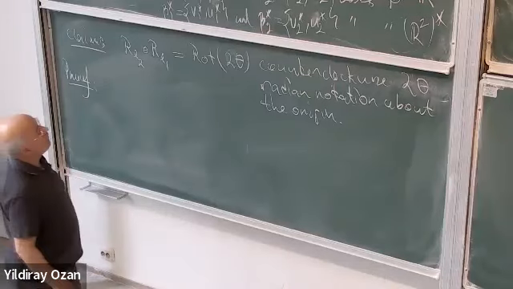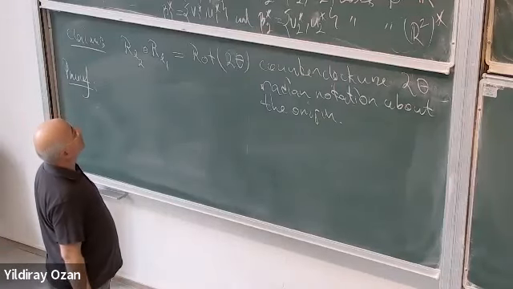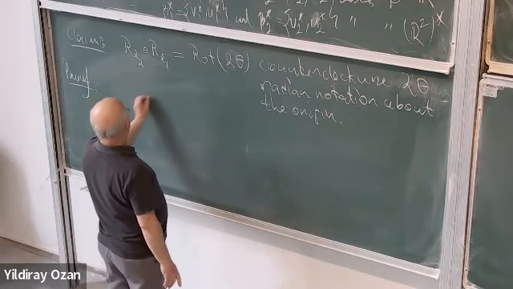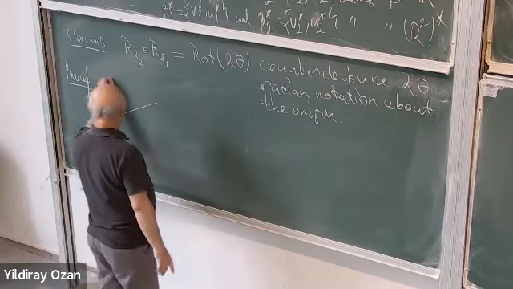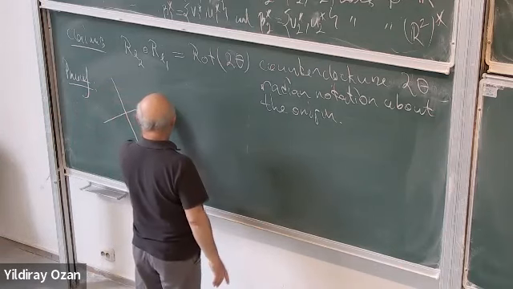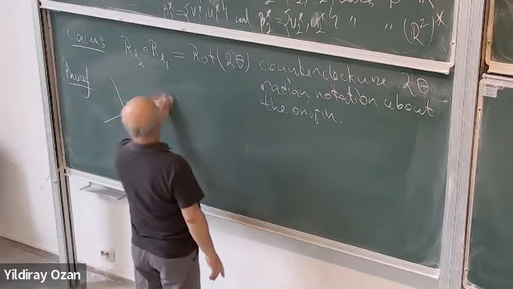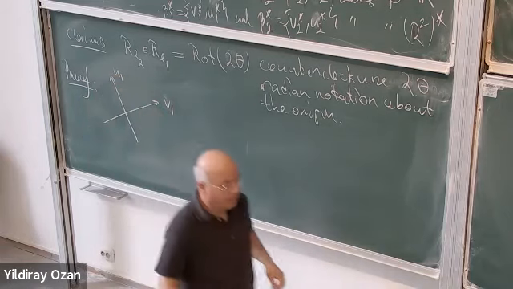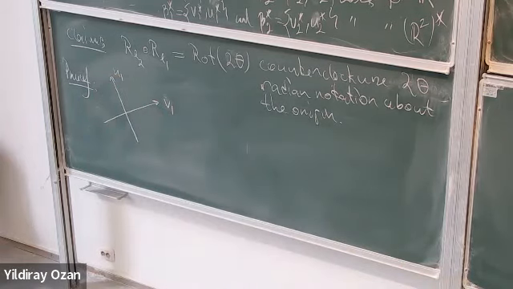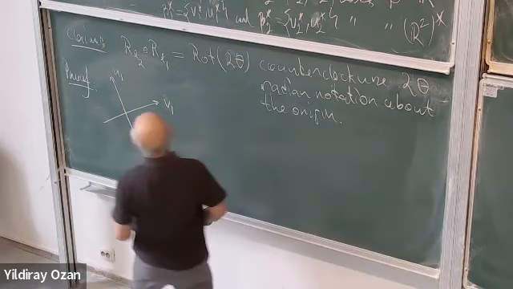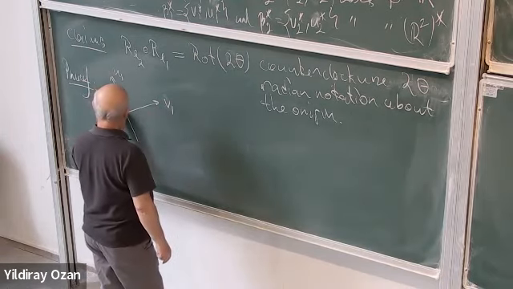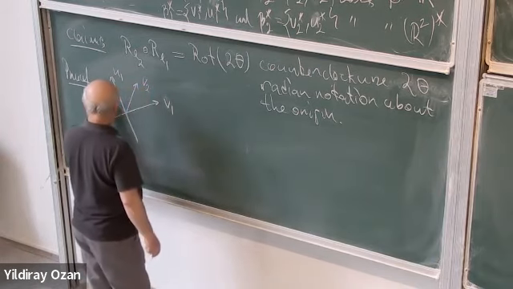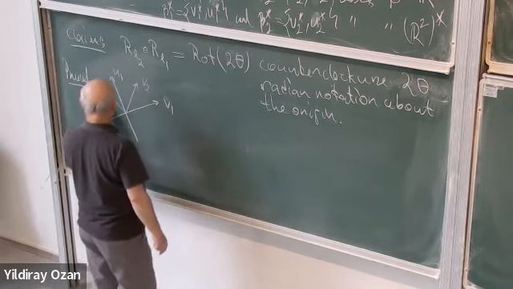The important fact is the following. Okay, now let me write. V1, U1 like this, and I have these two vectors. What are they? So I have V2 and then U2.